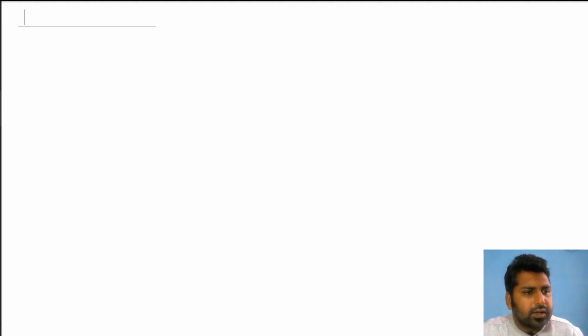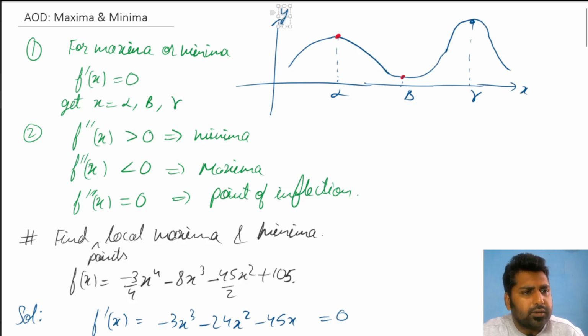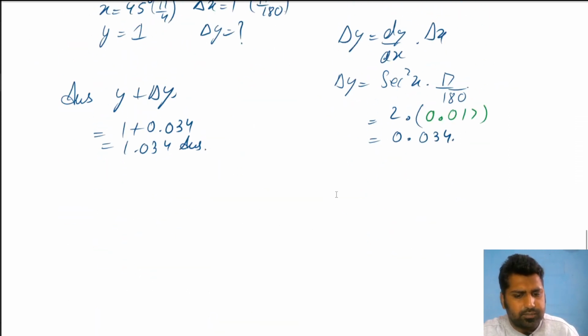Okay, sorry, that is not a topic. AOD is done, approximation is done. We have seen how the approximation works. Just go through this one formula, that is delta y is approximately equal to dy by dx into delta x. Most of the questions will be done through this only.